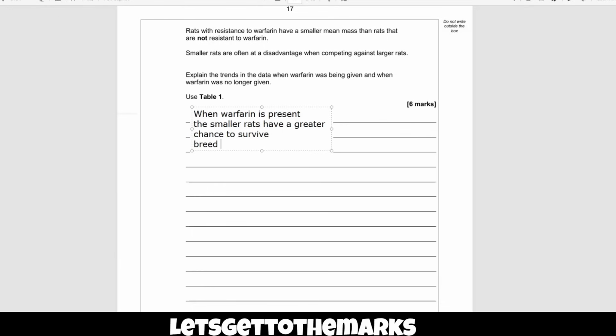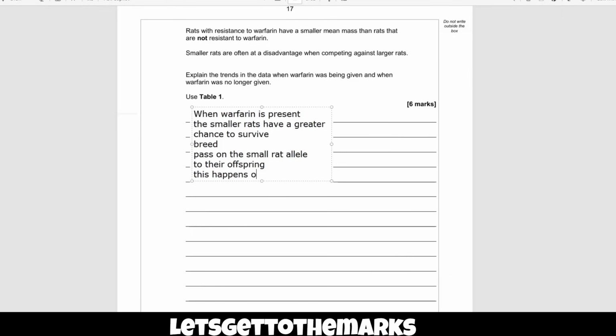Remember the natural selection answer? Breed, pass on the small rat allele, the gene for being a small rat, to their offspring.